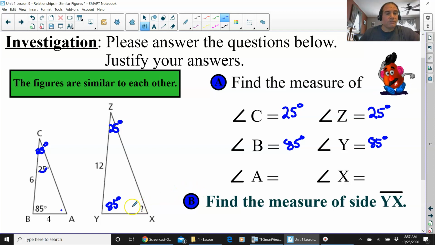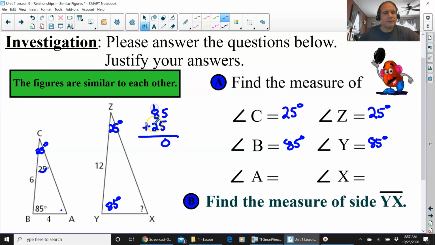So what do we do? We have two interior angles of a triangle. Interior angles of a triangle, if you add all three, equals 180 degrees, and we are not there. We only have two. So hopefully you are able to just do 85 plus 25 and get 110. And so here we go again.